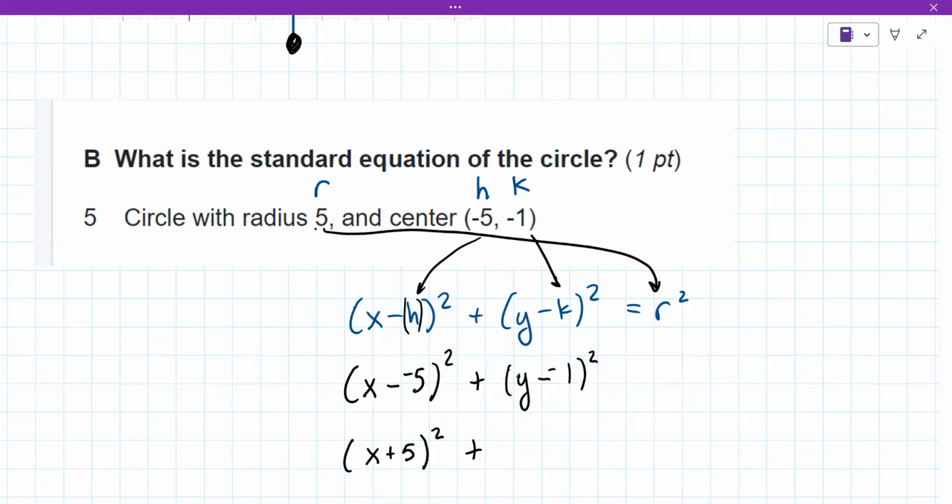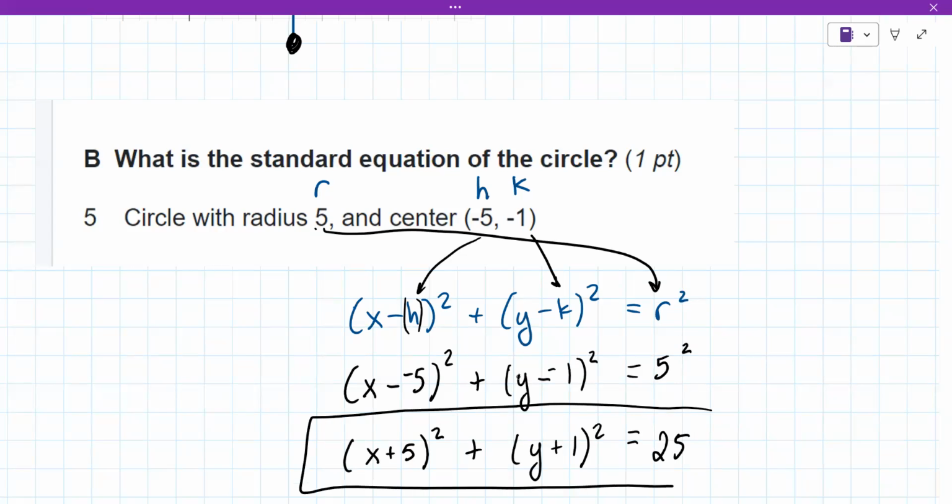Very good. Now, can you simplify that? Yeah, it would be y plus 1 squared. Good. And then the radius is given as 5 squared. 5 squared is 25. This last line here is your final answer. Any questions on that?